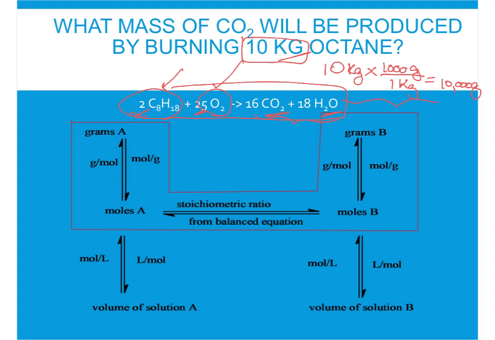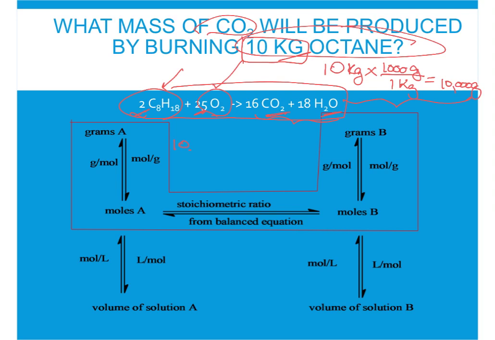Now, with any stoichiometry problem, if your given information is for one substance, in this case octane, and it's asking you for the quantity of a different substance, whether it's the other reactant or one of the products, you will have to get to moles. So even if you don't know what you're doing in a stoichiometry problem, if you can work your way to moles, you're usually halfway there.